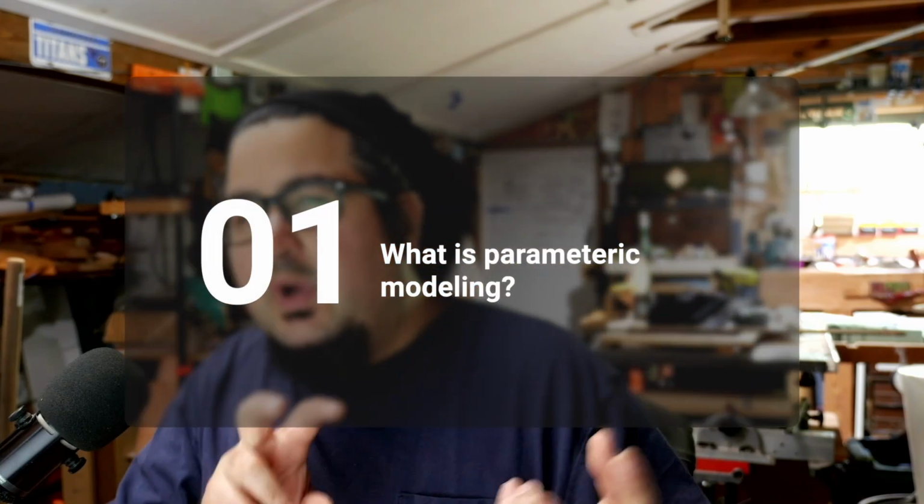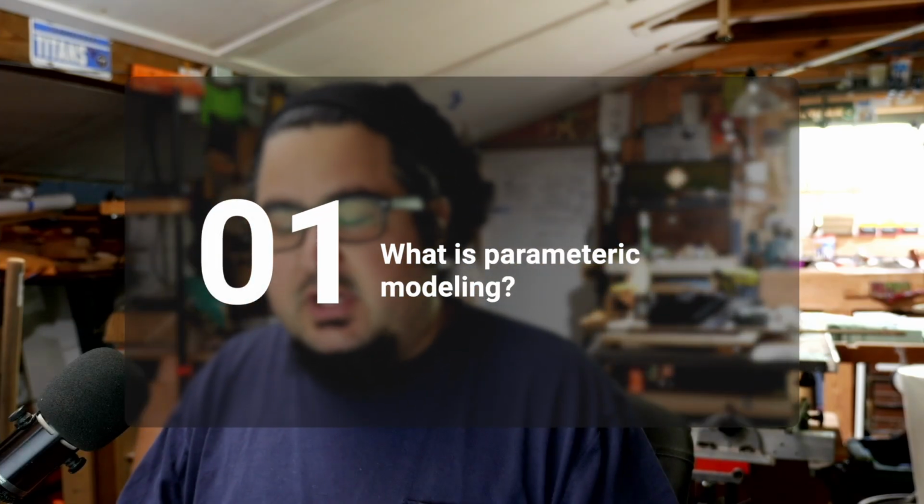So let's dive in. The first thing I want to talk about is parametric. What do I mean when I say parametric? It's simply you create parameters and the computer uses those parameters to base everything else off of. A parametric modeling program like Fusion 360 is so powerful because if you change one parameter and the other parameters are related to that parameter, everything else can get updated.